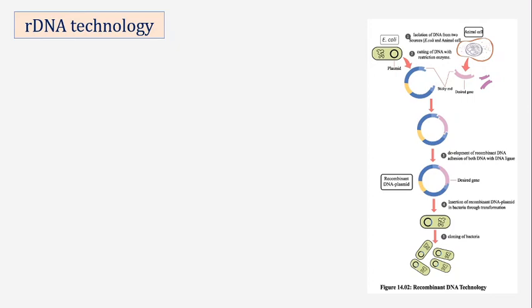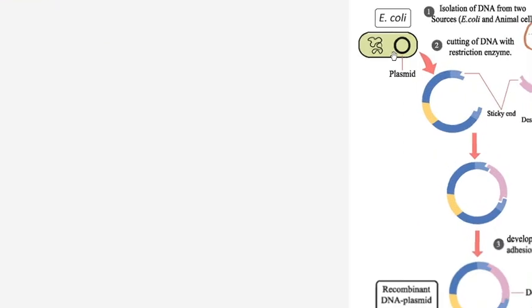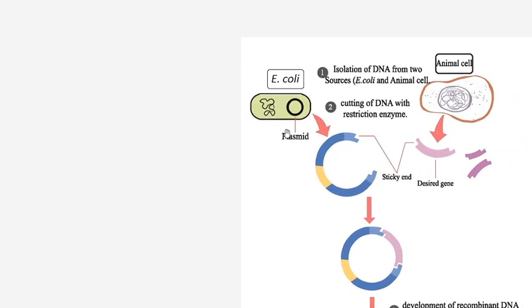We know that E. coli bacteria is not supposed to produce insulin, because it does not have that feature. Normally E. coli doesn't produce any insulin hormone, but we want to genetically modify it and transfer the human insulin gene inside this E. coli bacteria, so that E. coli can produce insulin hormone, and that can be further used for human use.